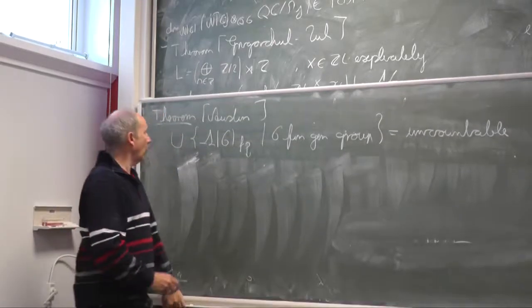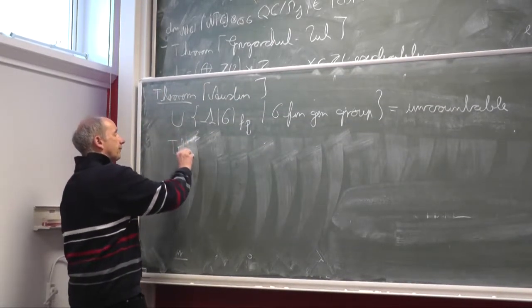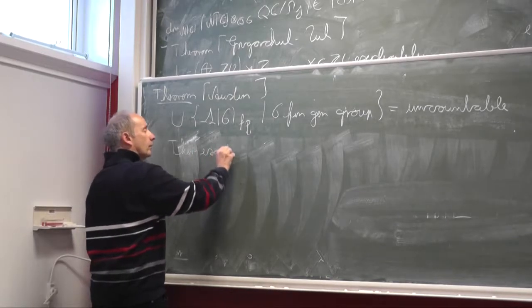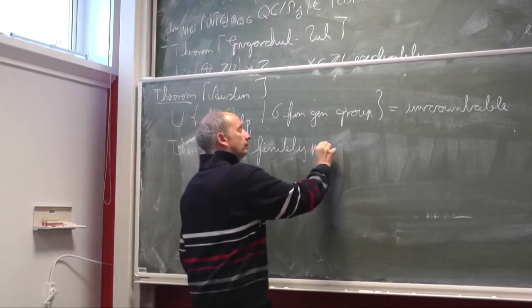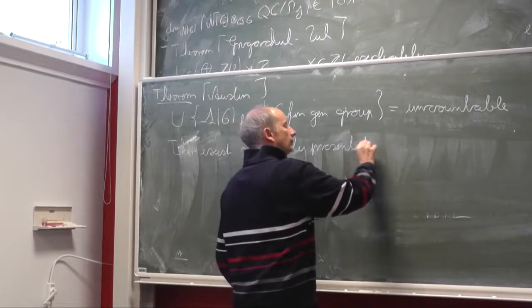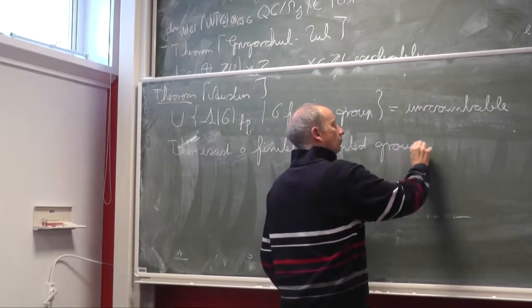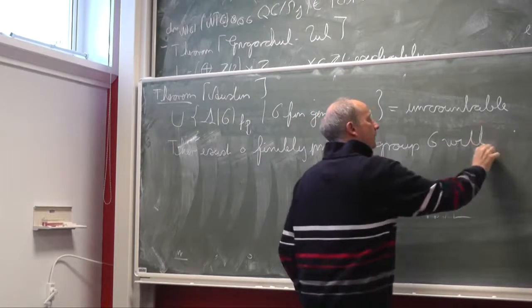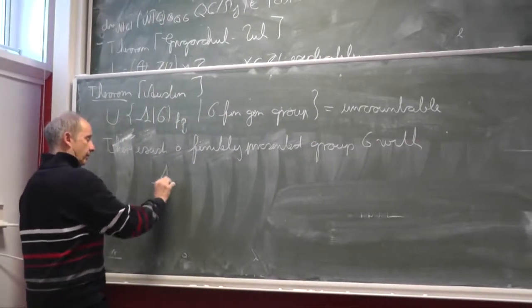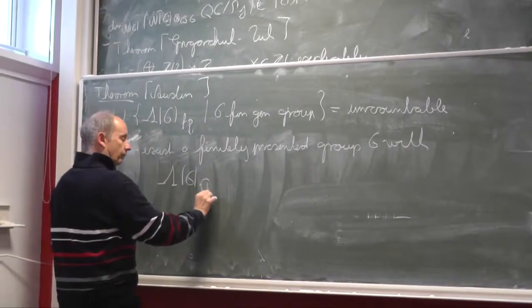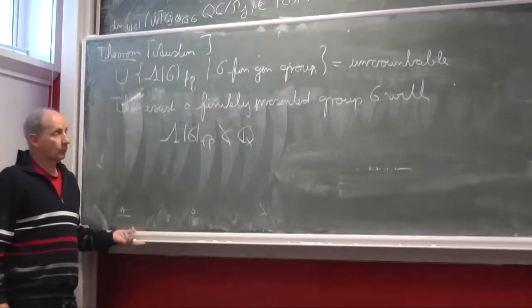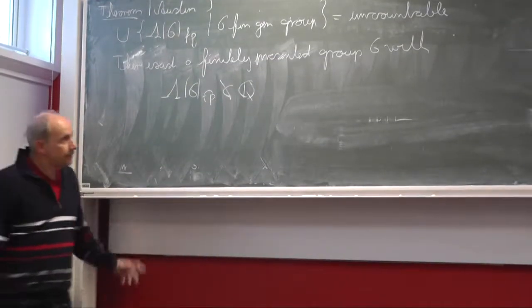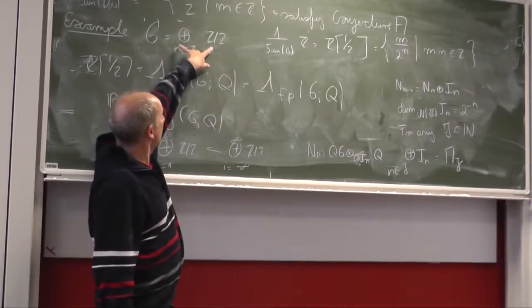And you could actually show more, there exists even a finitely presented group for which this is not contained in Q. And he did this in some sense by looking at this group here and looking at all possible subgroups.